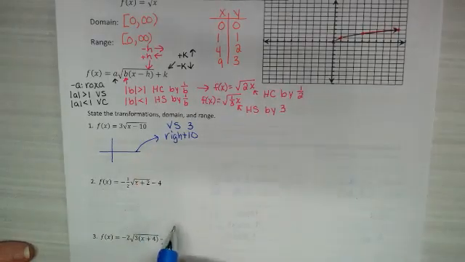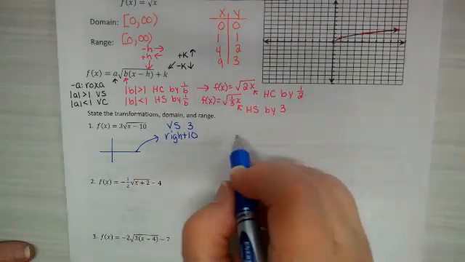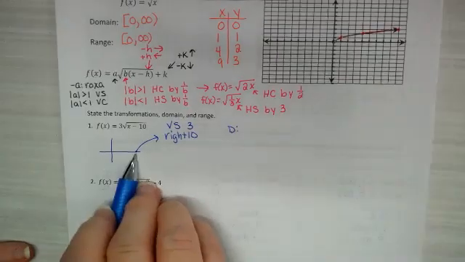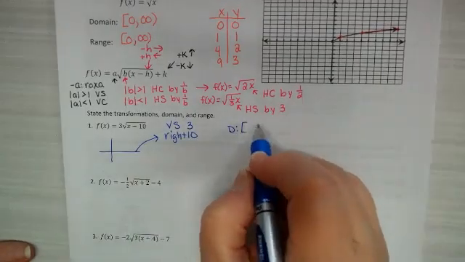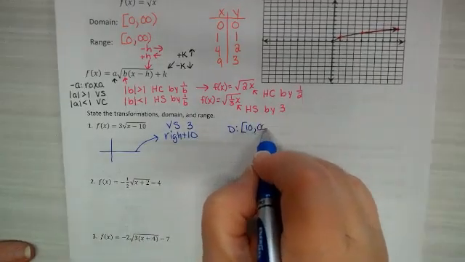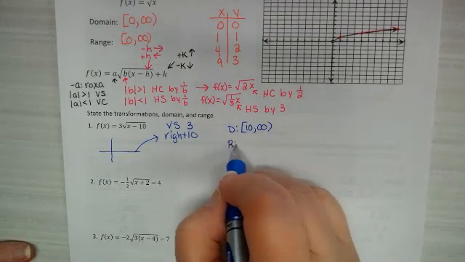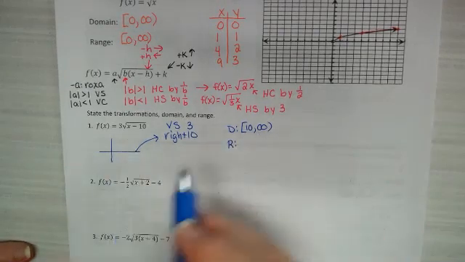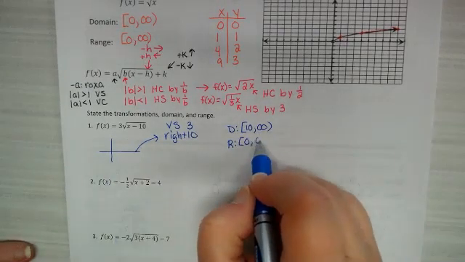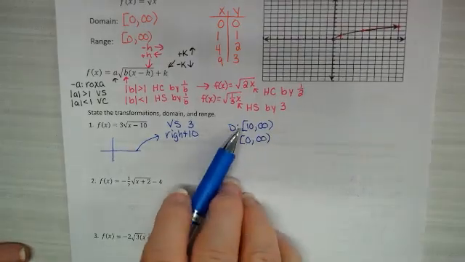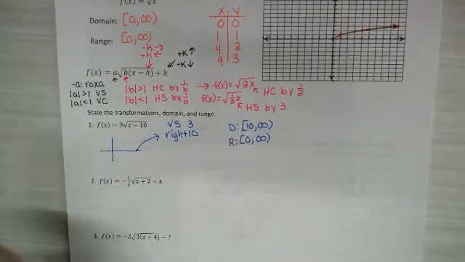My domain starts at 10 because I moved it to the right, to infinity. And my range, notice I didn't move up or down, so my range did not change. It's 0 to infinity, and that starting one is a bracket because it's included. Now let's look at number 2.